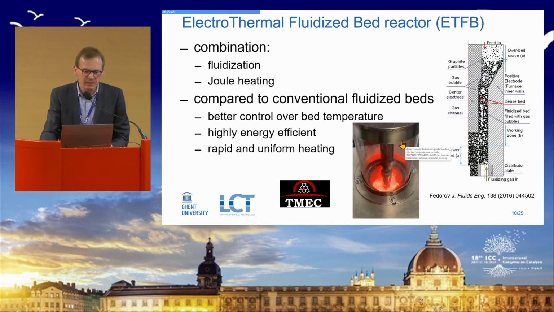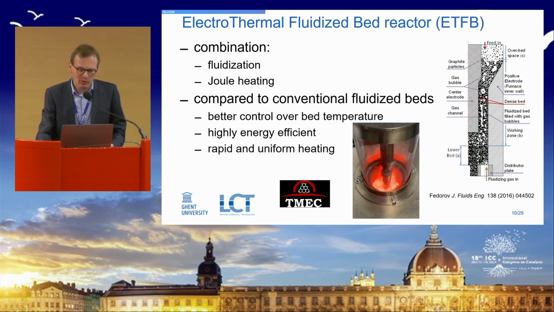You see a picture of it here. I will show a movie of it in a minute. So it's a fluidized bed, but of course it's not intensively fluidized, because you still need continuous contact in order to have the electrical current flowing. But thanks to the fluidization, the heat that is generated is quite properly distributed in the bed.